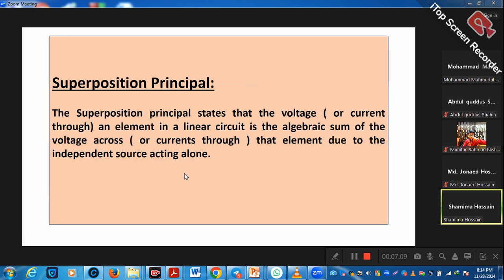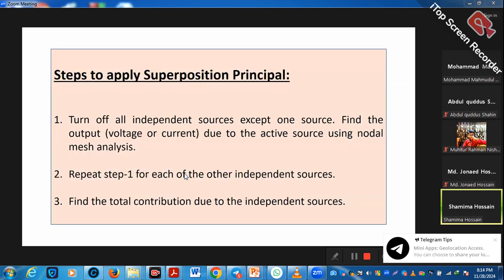Superposition principle. The superposition principle states that the voltage or current through an element in a linear circuit is the algebraic sum of the voltages across or currents through that element due to each independent source acting alone. Step 2, apply the superposition principle. Turn off all independent sources except one source.